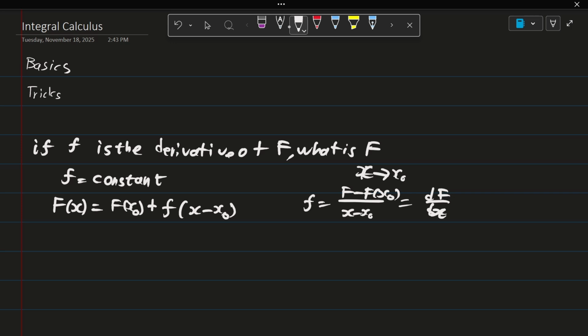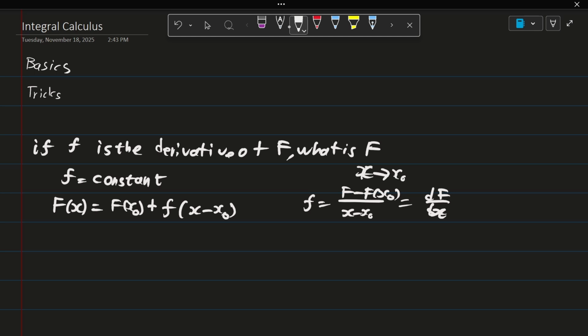So this is the same idea. We just need to find a function whose derivative will become our small f. That's the main idea when we're dealing with integrals.